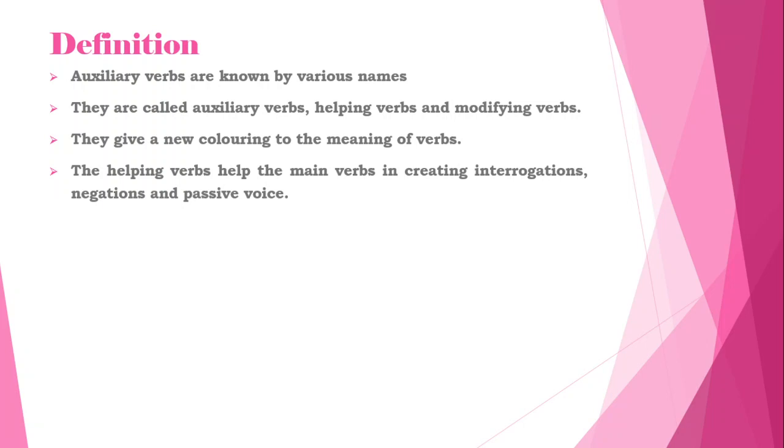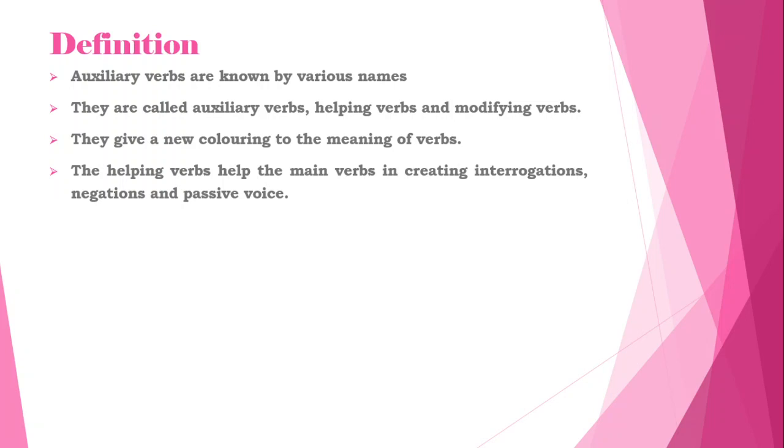Whenever you make a curt reply like I can't, there, can't is an auxiliary verb and it can exist on its own. But usually auxiliary verbs always latch themselves to the main verb. Auxiliary verbs are always connected with the main verb. So auxiliary verbs connect with the main verb to create interrogations, negations and passive voice.